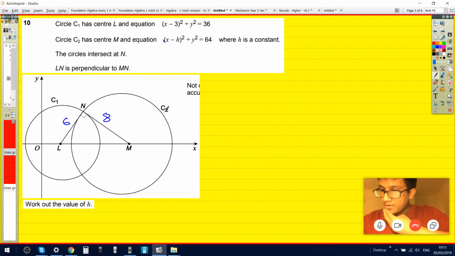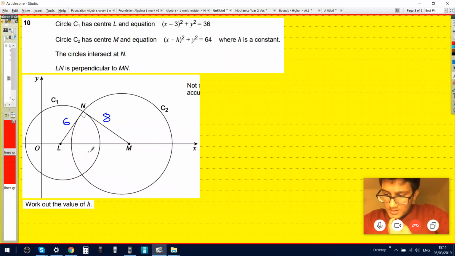And then I got x minus h squared plus y squared equals 64. So did you get the hypotenuse? No. Because I just did x minus 3 squared minus x minus h squared equals 36 minus 64. And I don't really know what to do.